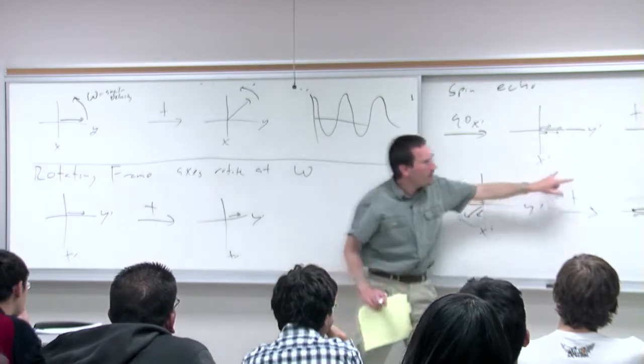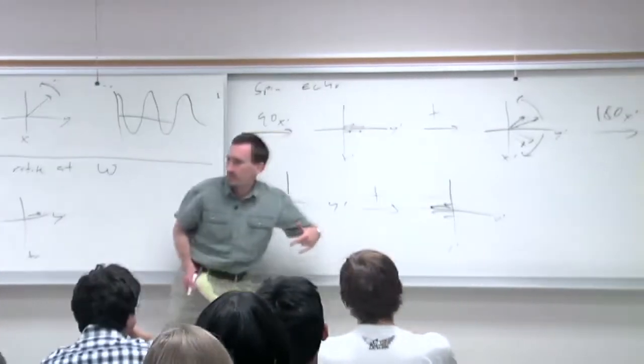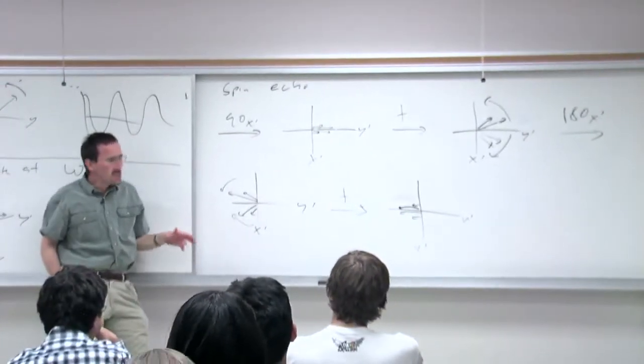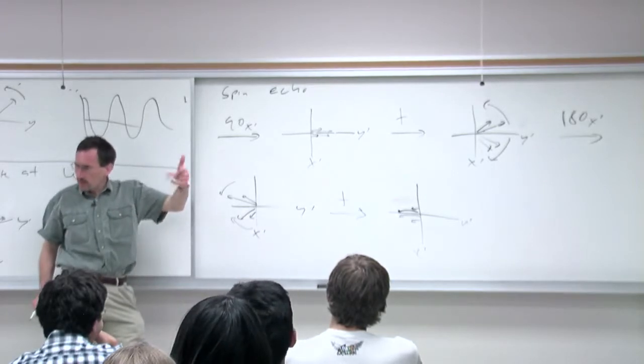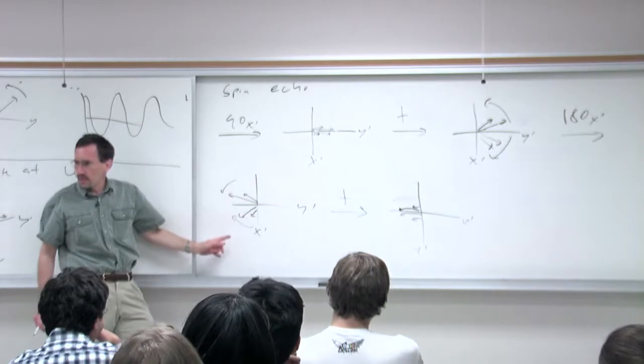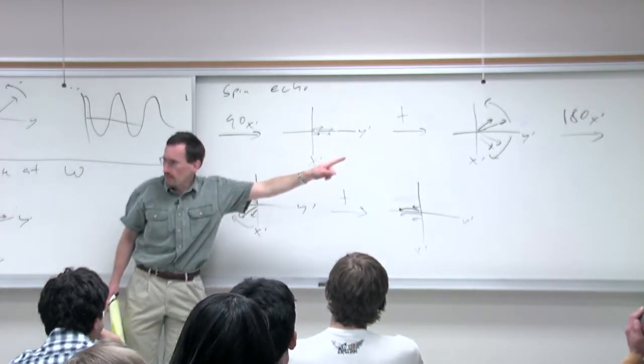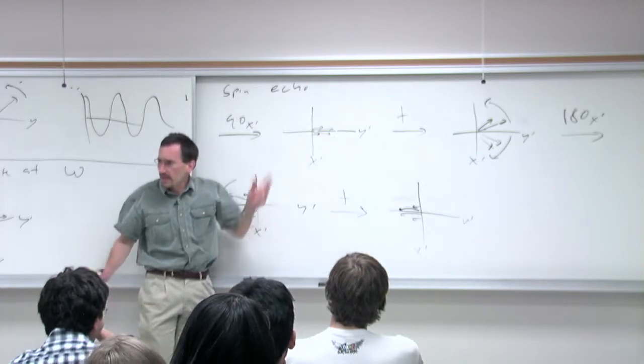What the spin echo does is a refocusing of those vectors. So the ones that are inadvertently, due to T2 effects, moving a little faster, and the ones that are moving a little slower, by applying this 180-degree pulse halfway through, they refocus.